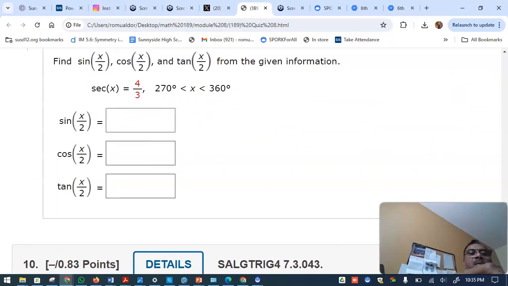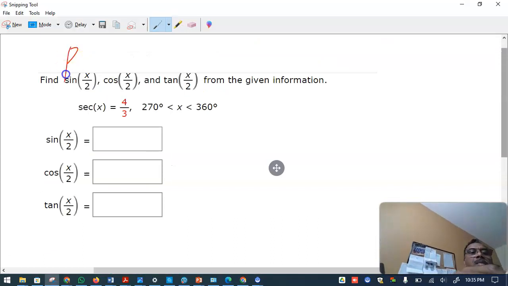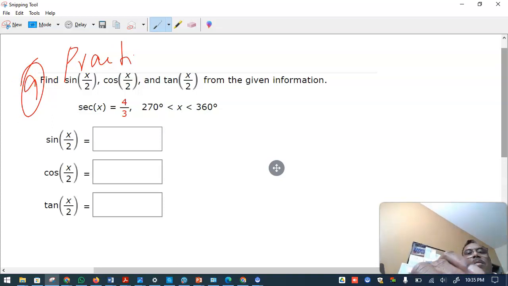Okay, here they're asking you practice problem 9. What is sine x by 2, cosine x by 2, and tan x by 2?